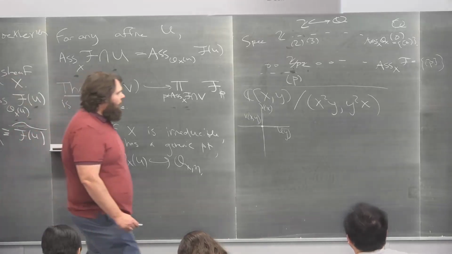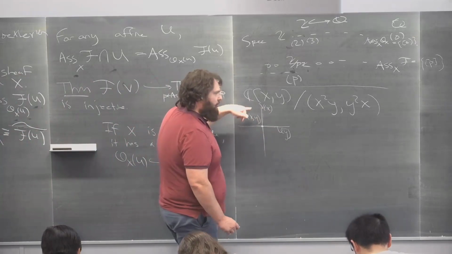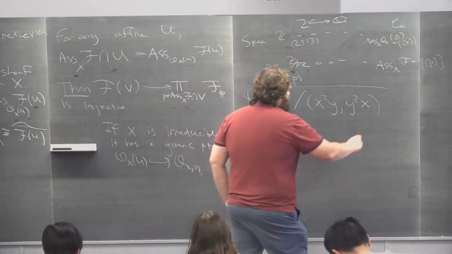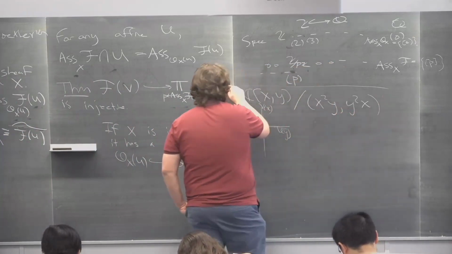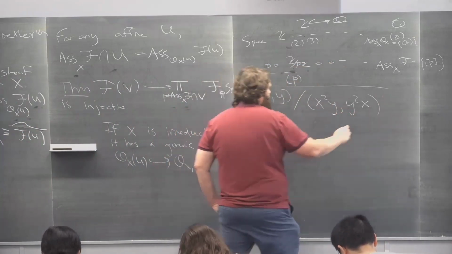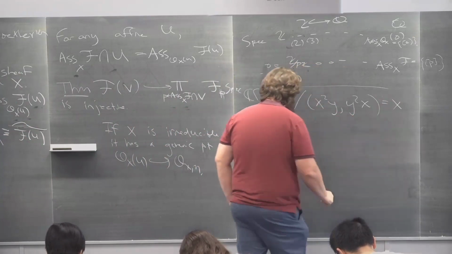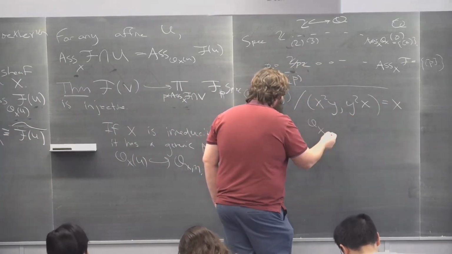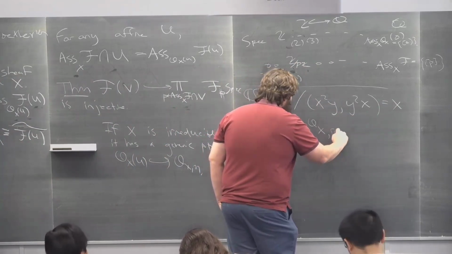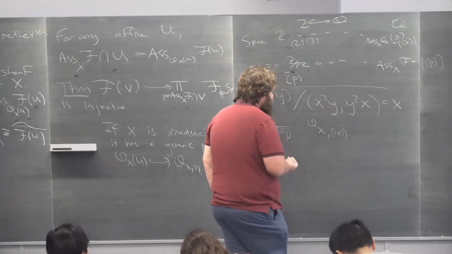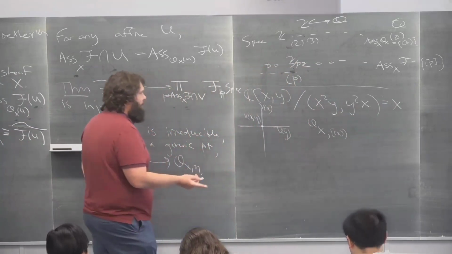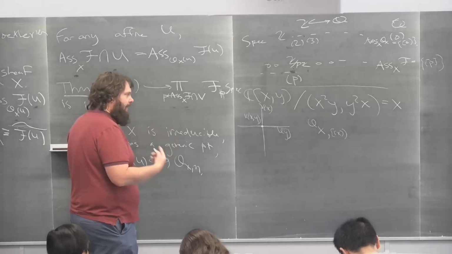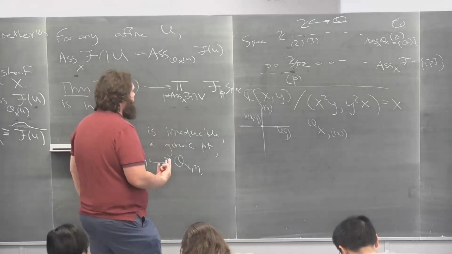And indeed, what are the stalks at the corresponding points? If I look at O_X at the point, the ideal generated by x, what does that mean? That means I invert everything which is not in the ideal generated by x.